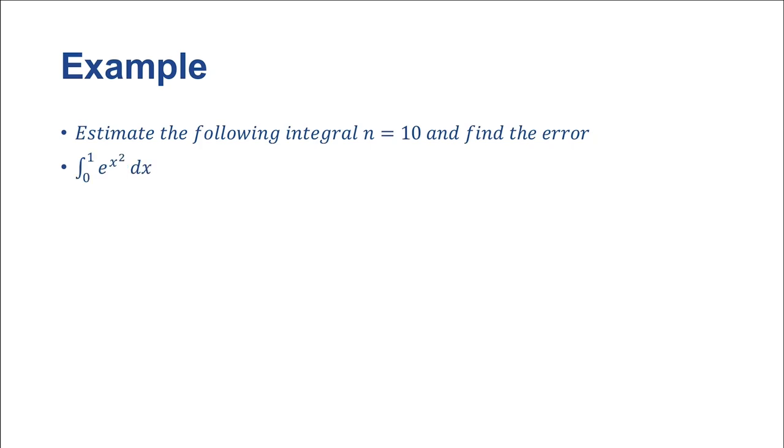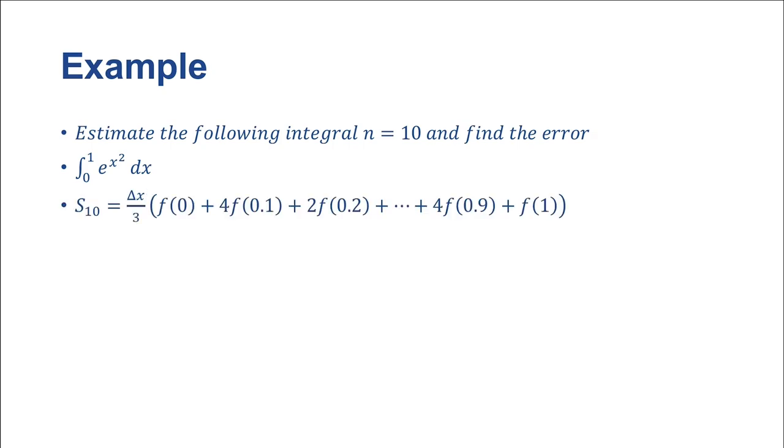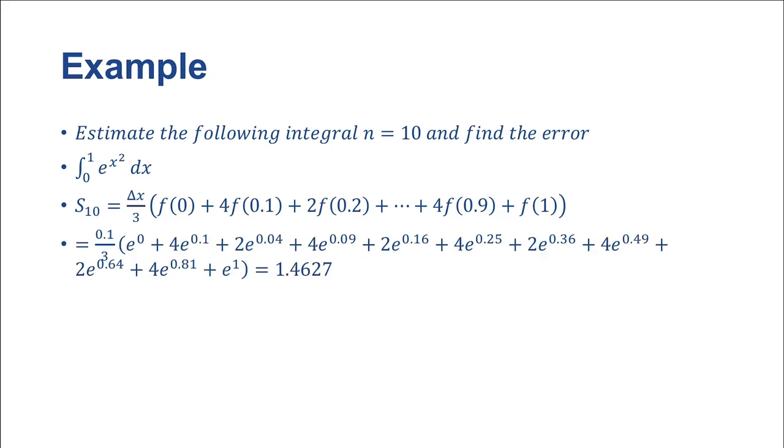So we are integrating from 0 to 1 e to the x squared dx, which is an integral that can't be done with our techniques that we've learned. Okay, so we're going to take the 10th sum. We get delta x over 3 times f of 0 plus 4f of 0.1 plus 2f of 0.2 all the way up to 4f of 0.9 plus f of 1. So now we plug this into our function. We get something pretty ugly.